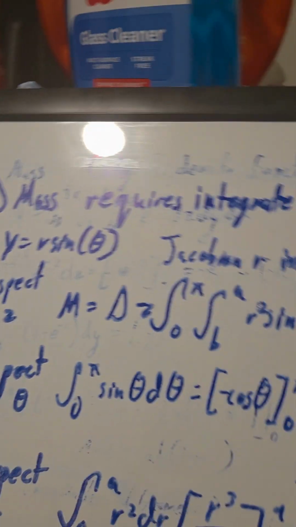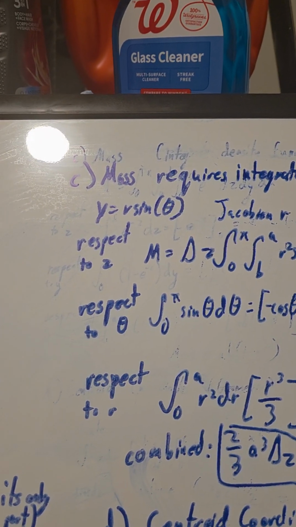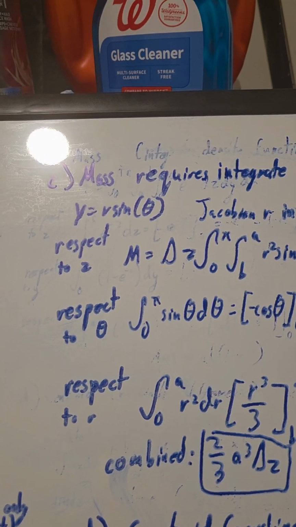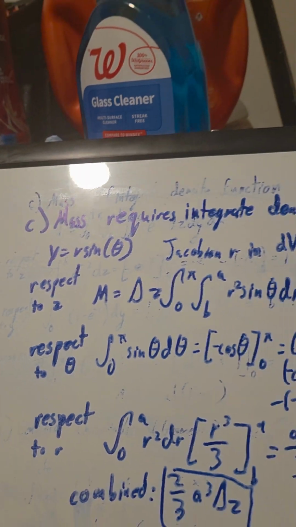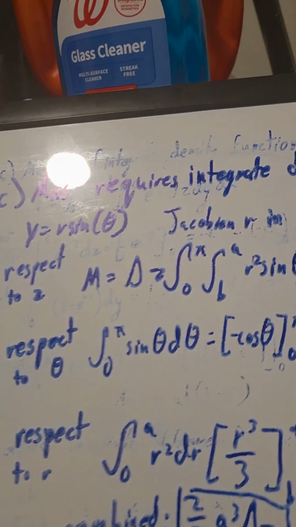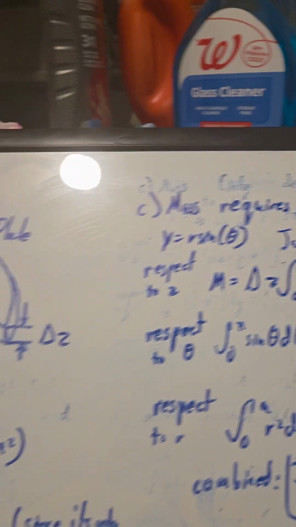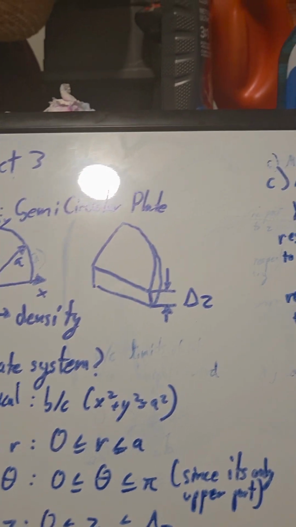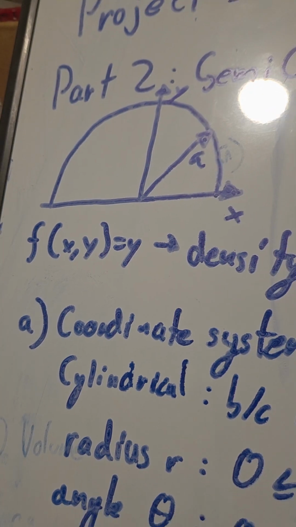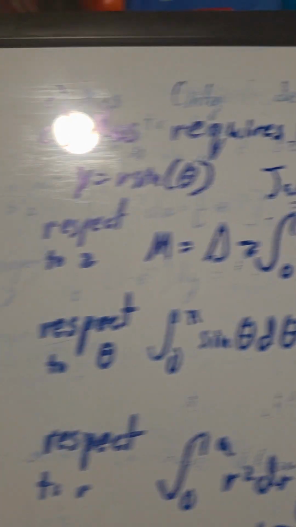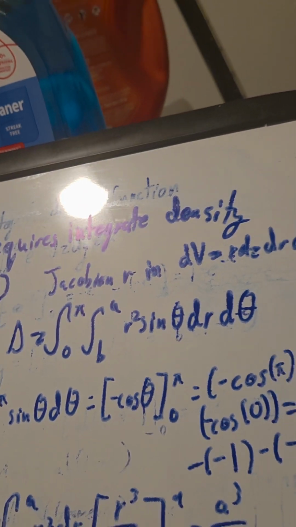Anyway, the mass requires us to integrate the density function. So you take the triple integral of our density equation, which, since we're using cylindrical coordinates, is f of x and y equals y, which is r sine theta. Of course, we implement our Jacobian r.